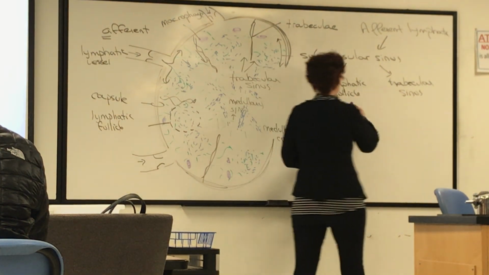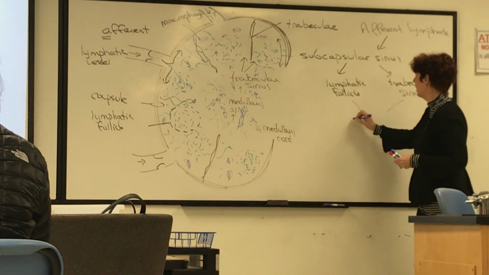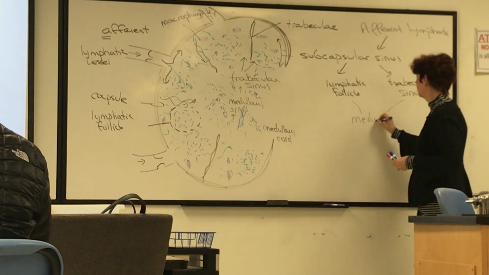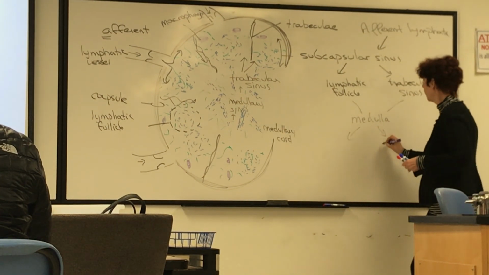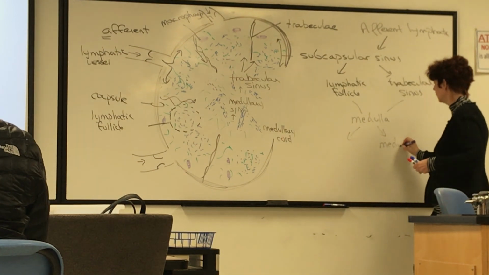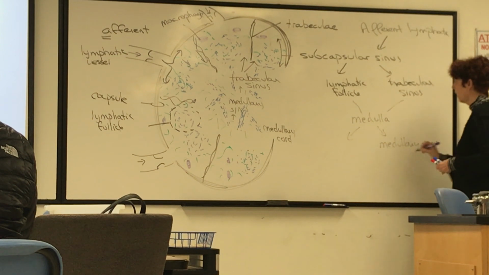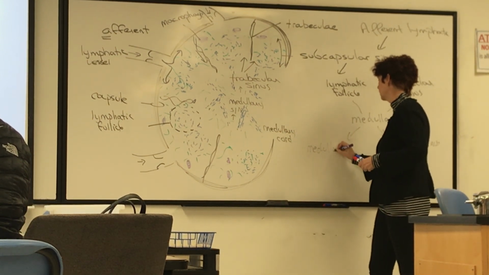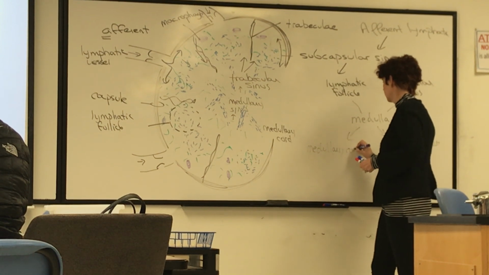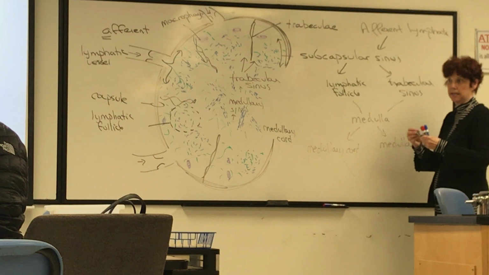So from the lymphatic follicle flow or the trabecular sinus flow, it's going to enter the medulla. And then it can flow through the medullary sinus, or through the medullary cord, and once it's done with that, it flows out the efferent lymphatic.